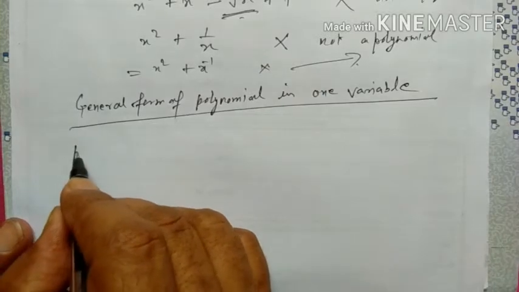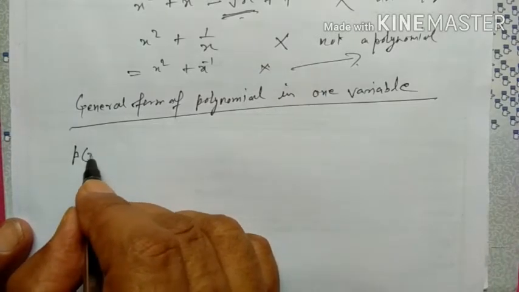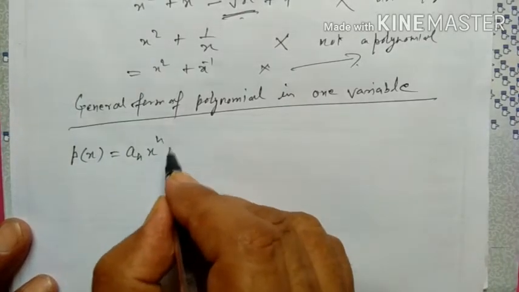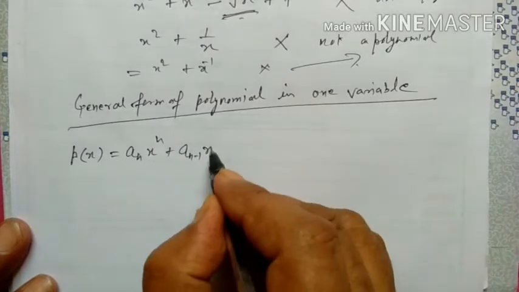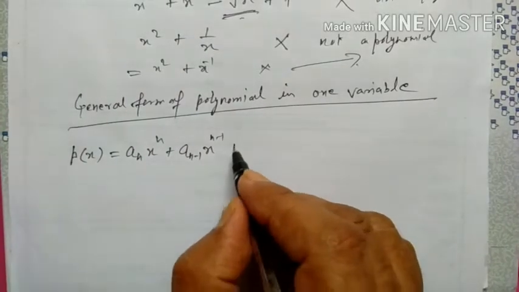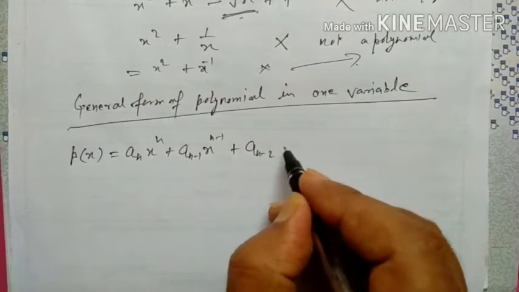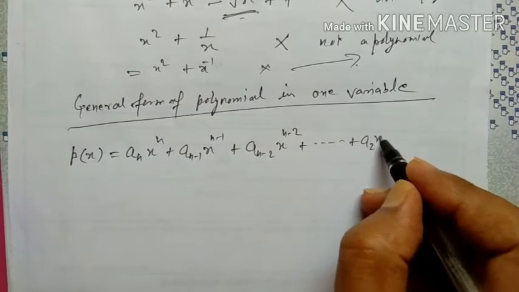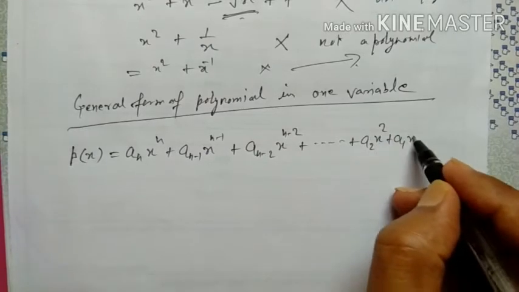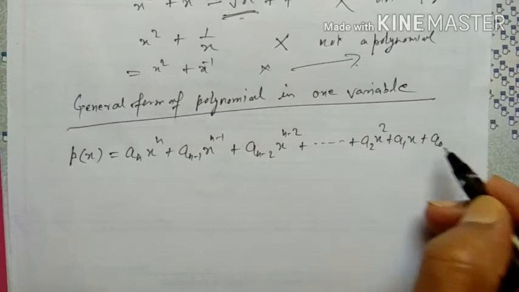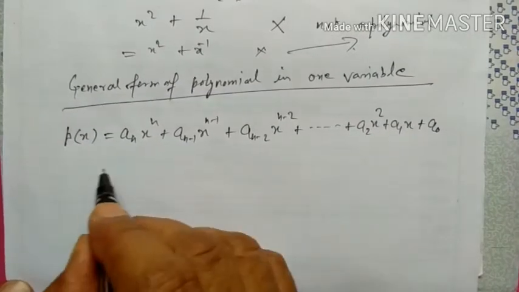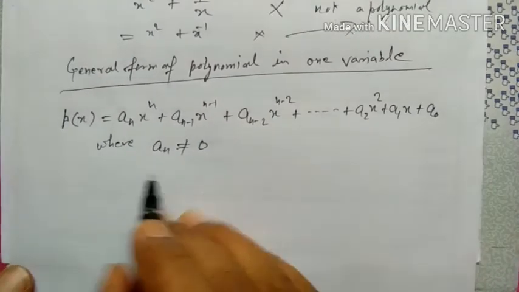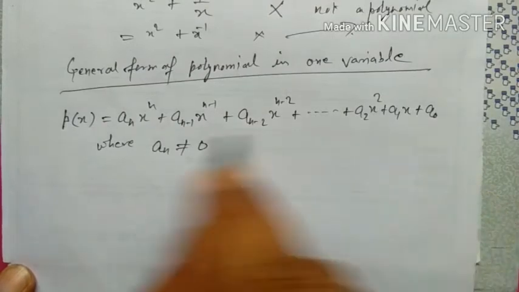A polynomial is denoted by p of x, equal to an x power n plus an minus 1 x power n minus 1 plus an minus 2 x power n minus 2 plus dot dot dot plus a2 x power 2 plus a1 x power 1 plus a0 x power 0, where an is not equal to 0, and this is the general form of a polynomial.